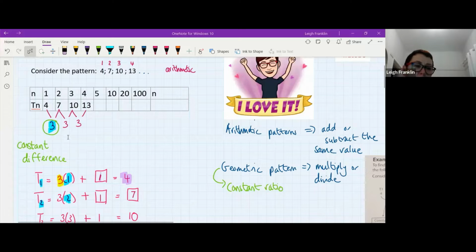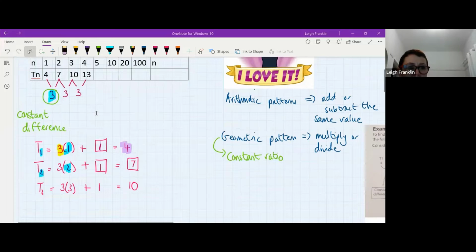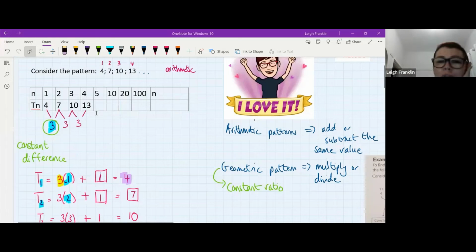All right, so our constant difference becomes our multiplier, right? And in this case, we see that we multiply our input by 3, we add 1, and we end up with our output. Now, what's useful about being able to generate a rule like this is that instead of having to go, okay, for the 5th term, we're going to add on another 3, which means we've got 16, and then it would become really difficult.